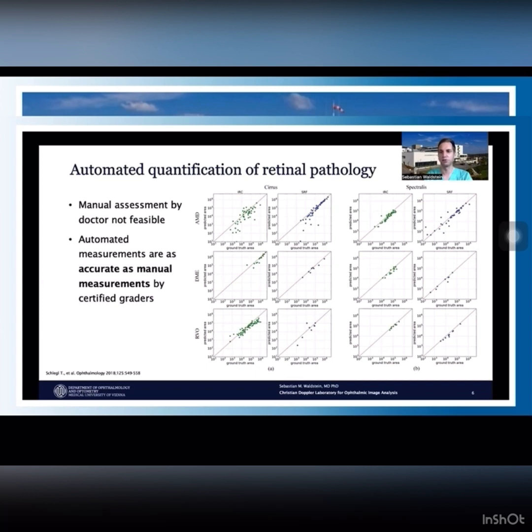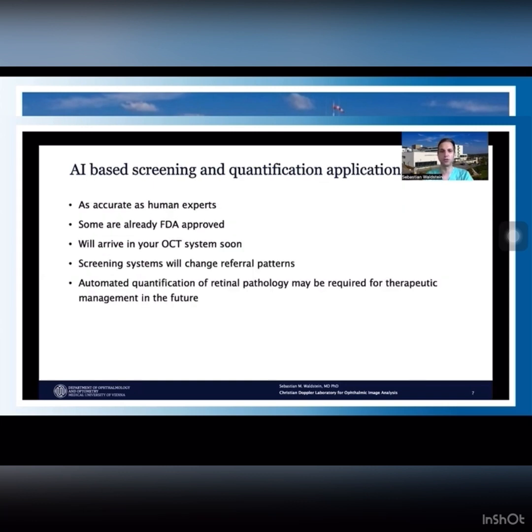And it has been shown repeatedly that AI can do this as accurately as human experts, but it's just more reproducible, much faster, and much cheaper. And while we are not using quantified variables such as the volume of fluid in our practice at the moment, I think these algorithms will come to our practice soon, and we will be using them in the future.